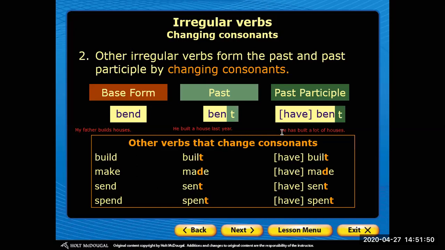For example, I say here, أبوي جد بنى بيوت كثير. Yes. So this has is actually gid.